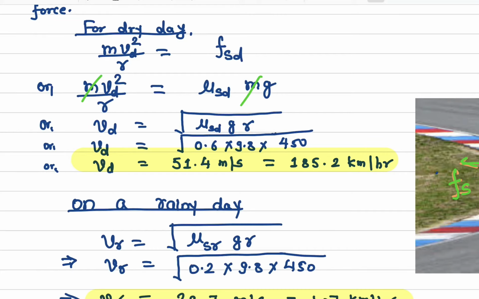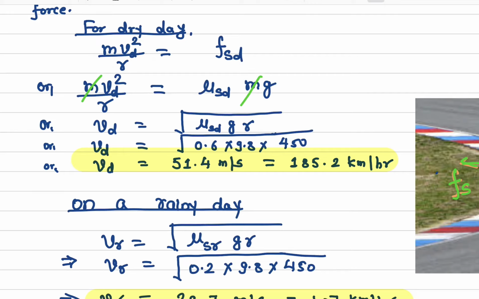It doesn't depend on the mass, so it doesn't matter whether you are driving a heavier or lighter car. Of course the frictional force depends upon the mass, but at the same time the velocity does not depend upon the mass here.